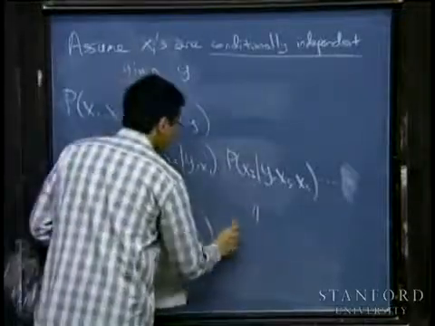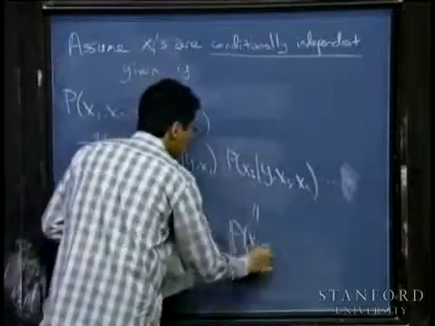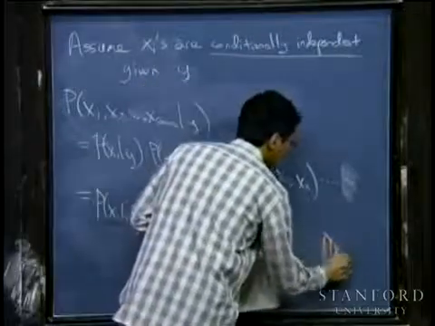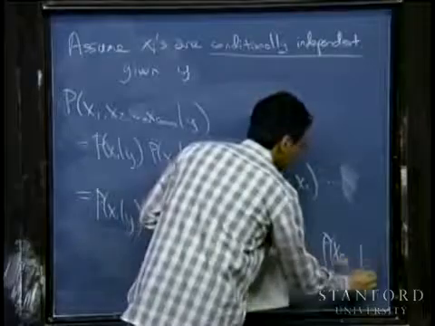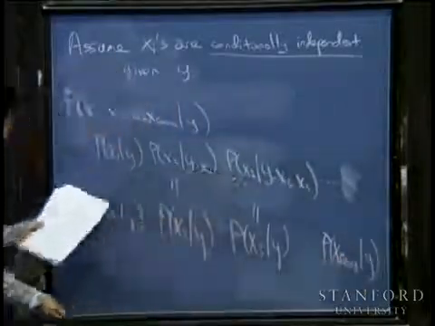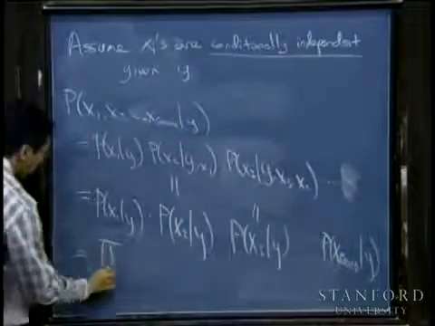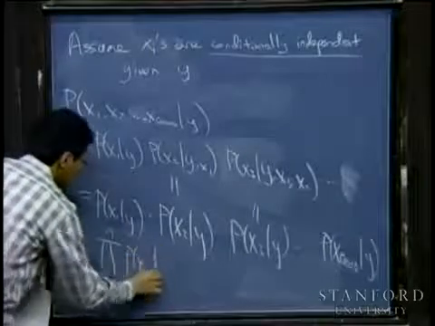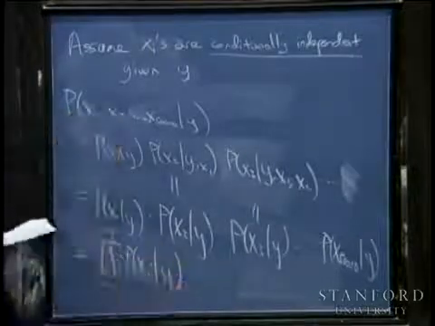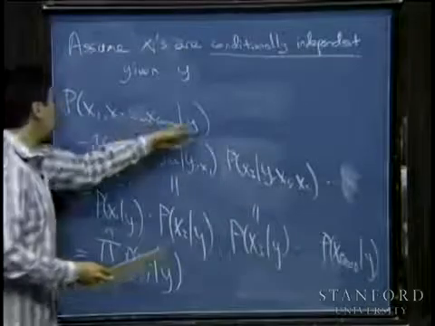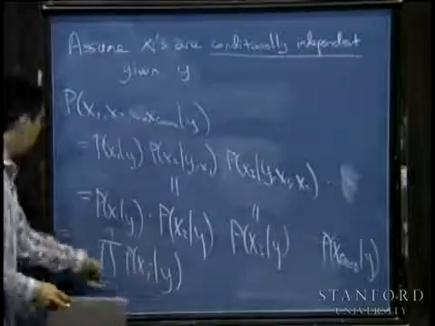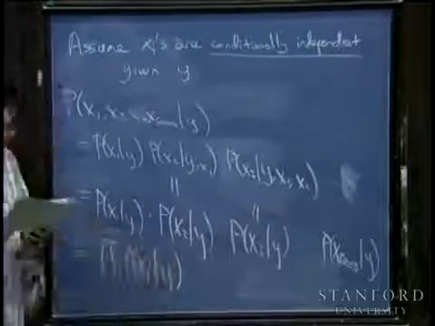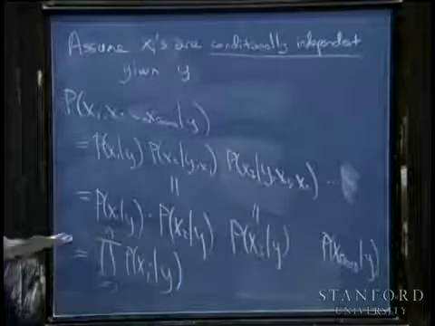I'm going to assume that that term is equal to p of x3 given y, and so on, up to p of x 50,000 given y. Okay? Or just written more compactly, I'm going to assume that p of x1 through x 50,000 given y is the product from i equals 1 to 50,000 of p of xi given y. Okay?